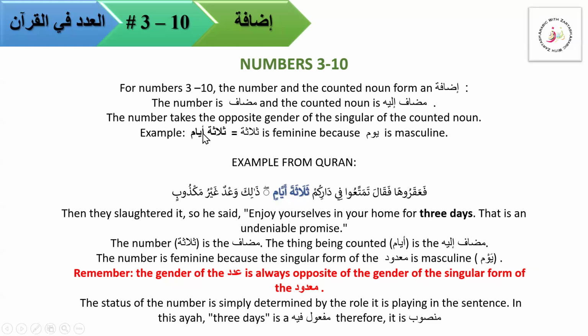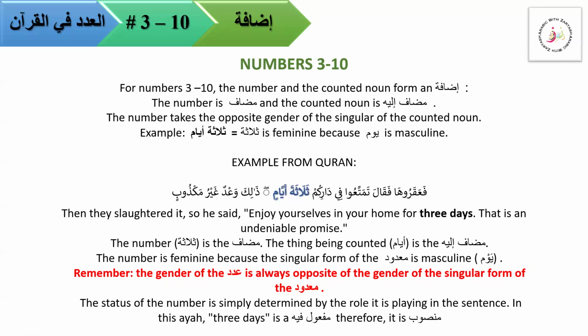By keeping that in mind, the number that we are going to use must be in the feminine form, because we are going to apply this rule for numbers 3 to 10: the number takes the opposite gender of the singular of the madud. So here the madud is ayyam, the singular form is yawm, that's masculine. So the number is going to take the opposite gender, and that will be thalatha. And here, as you can see, it is feminine.